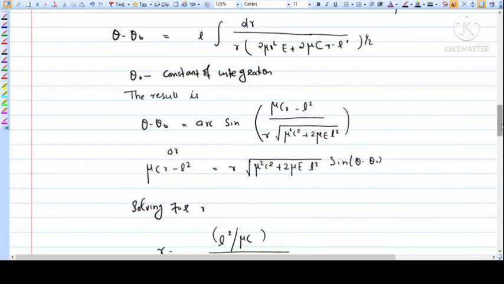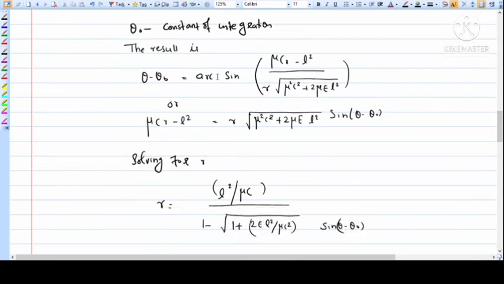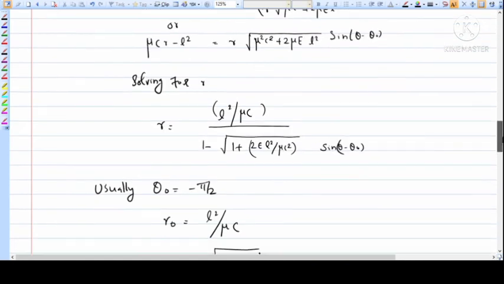Theta minus theta 0 is the constant of integration. On integrating d theta, you get theta, and theta 0 is the constant of integration. So theta minus theta 0 is equal to L into the integral of this term.